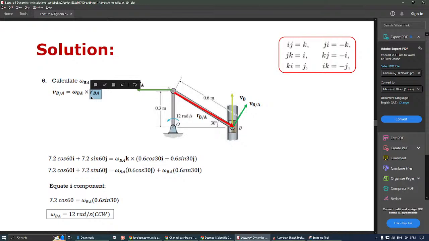Once again, take that also in IJK format. Take it in the same format.